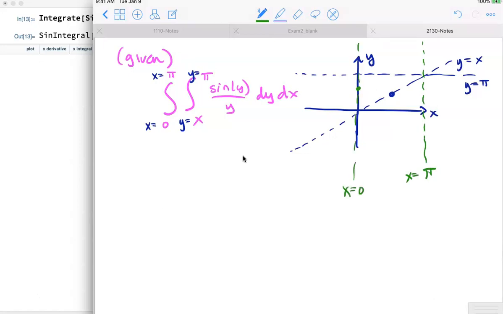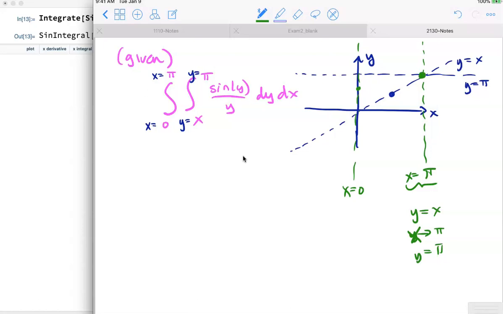So how did I know to stop this green line right where I did? It's because when x is equal to pi, when you substitute into y equal to x, that'll tell you that y will also be equal to pi, which was that top line.